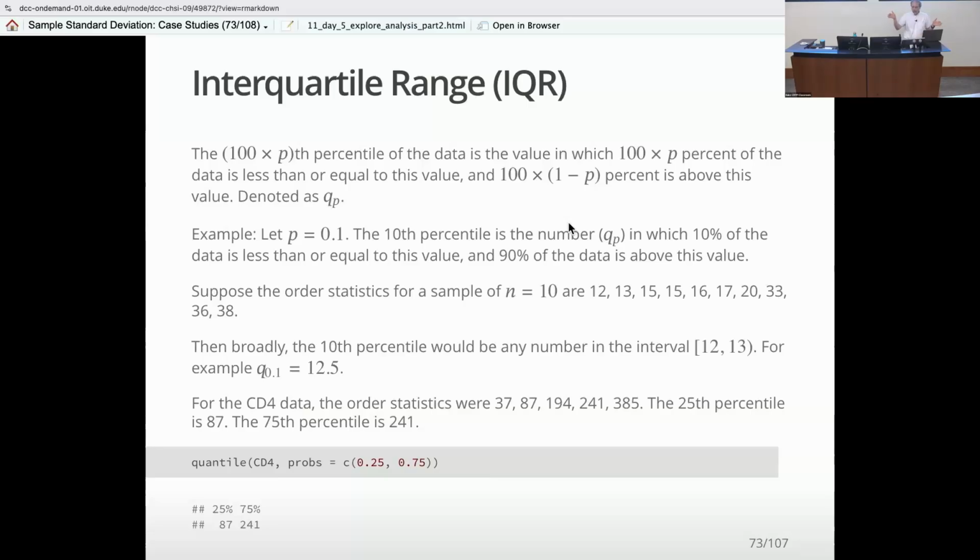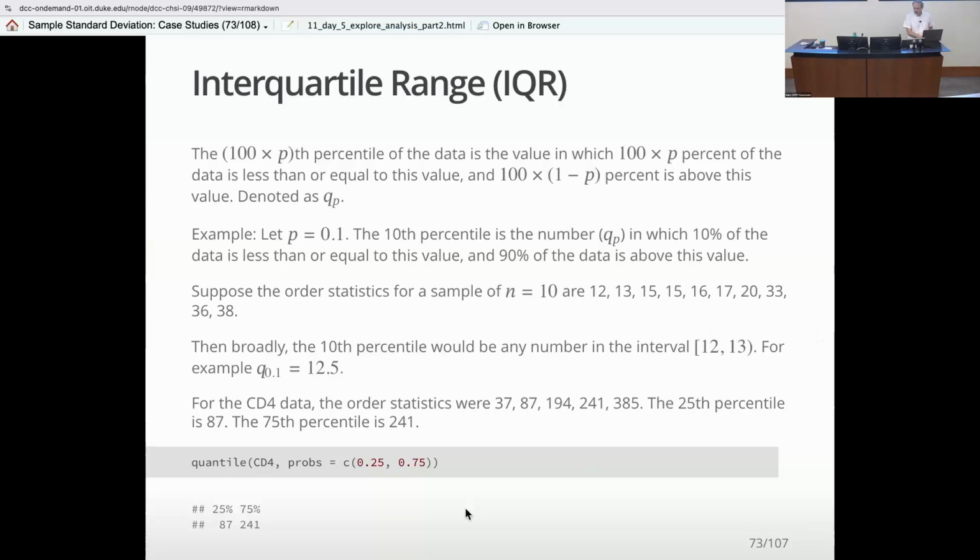So use the order statistics. The median is the 50th percentile value. So it's the middle value, but you can choose whatever quartile, whatever percentile value you want. And so the interquartile range is the difference between the 25th percentile value and the 75th percentile value.